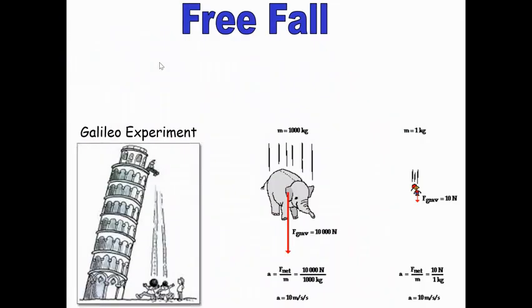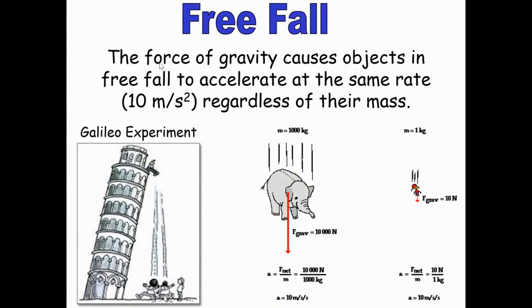Well, why is it that objects with different masses accelerate at this constant rate? The force of gravity causes objects in free fall to all accelerate at the same rate, regardless of their mass.